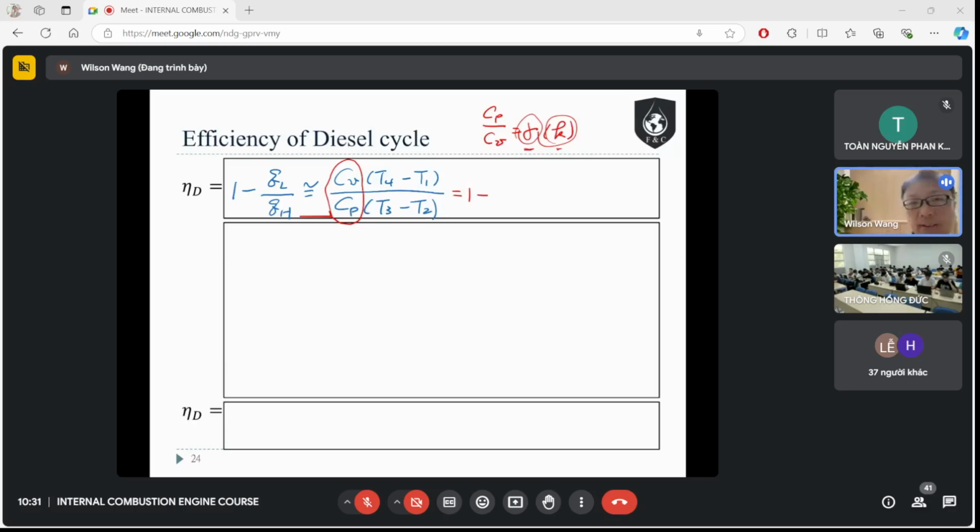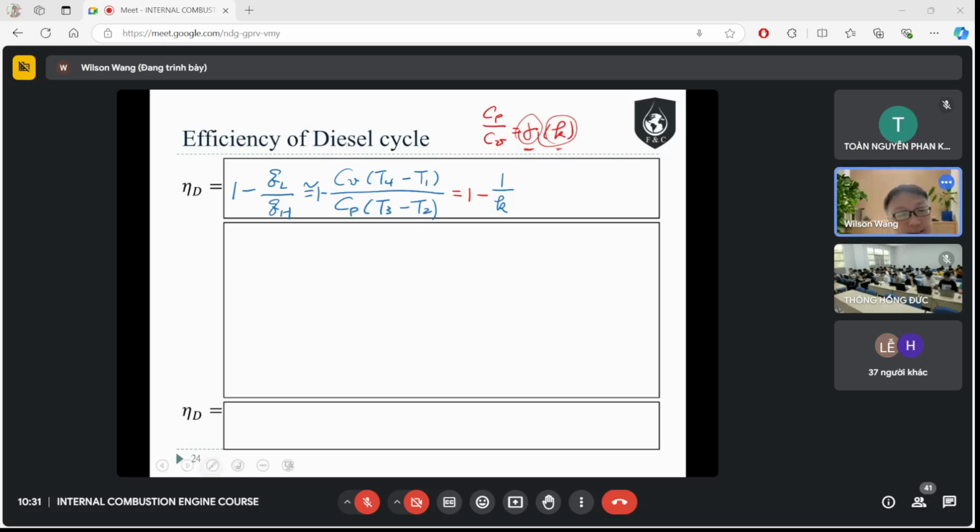So it should be 1 minus 1 over K, where K is the specific heat ratio.